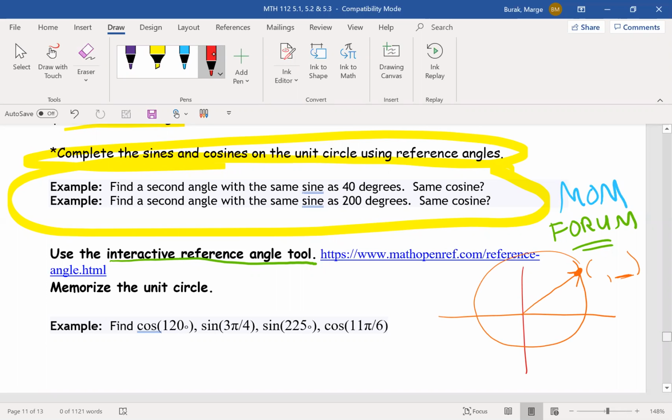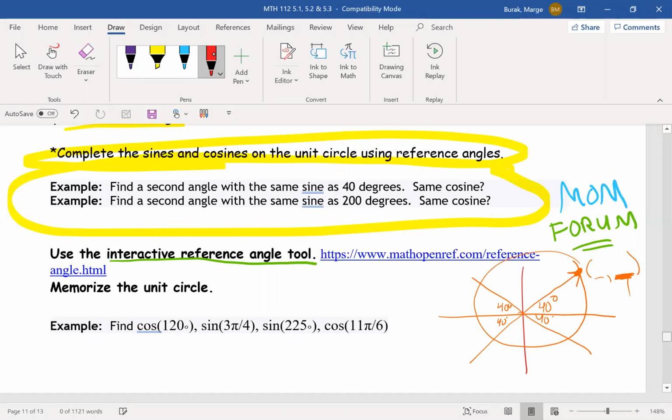But first, I don't want the angle. I don't want the measure of the cosine or the sine. All I want is another angle with the same sine. So the same sine is the y coordinate. So I'm going to use my reference angles. Here's all 4 of them right here. And this is 40 degrees. These are all 40 degrees. So which one of those has the same sine? So this is positive, positive.